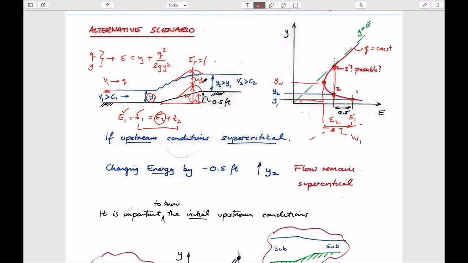This would be YW. And then as it goes downstream, I guess it would get even deeper, right? It would go up here, and it would be this pillow up here. And this would be this magnitude here, which would be Y2 prime, which is this here.